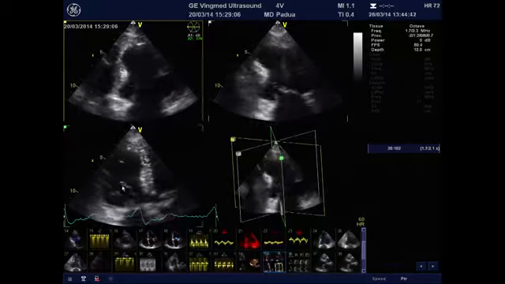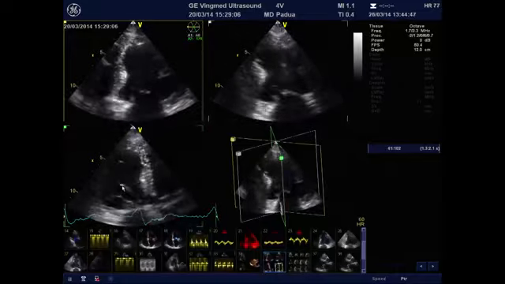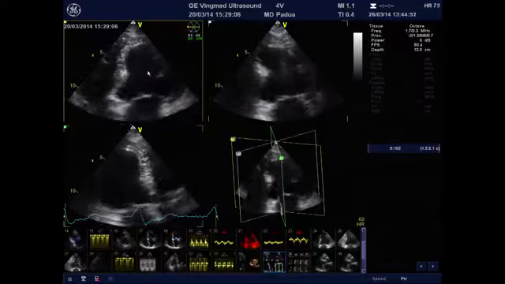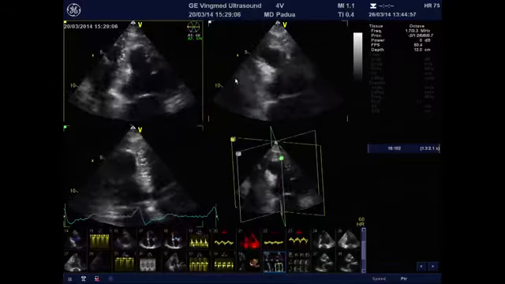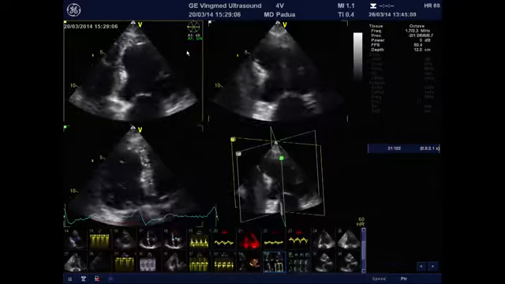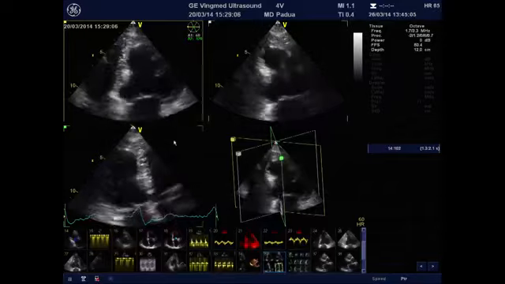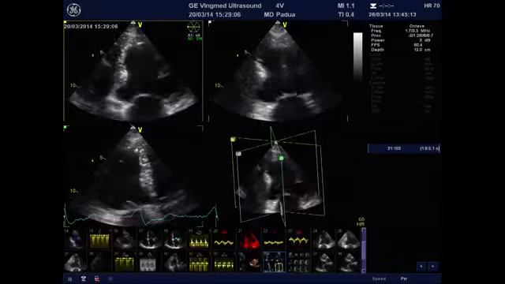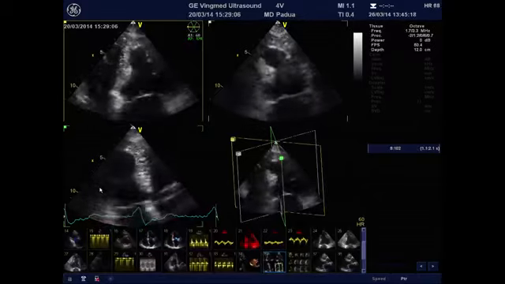This is particularly useful in patients who are in atrial fibrillation or with an irregular rhythm, where it's quite difficult to obtain 4-chamber and 2-chamber views at the same heart rate. Also, measuring the volumes and ejection fraction using the triplane is much closer to the actual function, because it allows you to take into account the contribution of the anterior septum and the inferolateral wall to the overall left ventricular function.